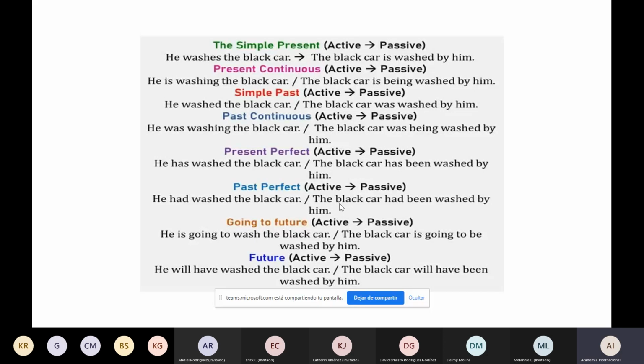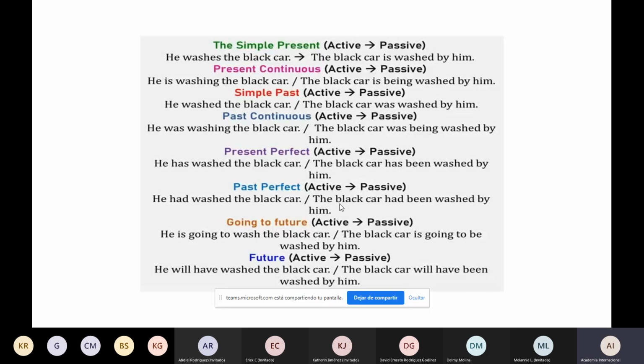He washes the black car. Bueno, en este caso sí hay agente, pero podemos decir he washes the black car. Él lava el carro negro, o the black car is washed by him.